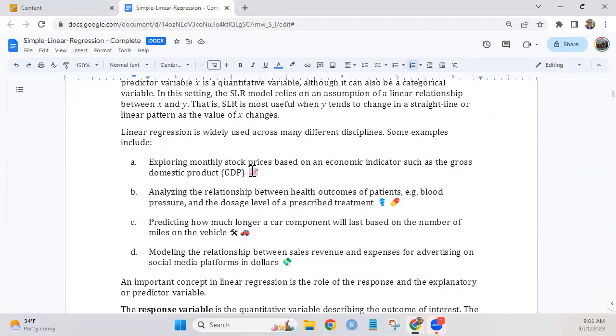So then would we think the slope is positive or negative between the two variables? It's a little bit tricky. Let's maybe draw it out real quick.